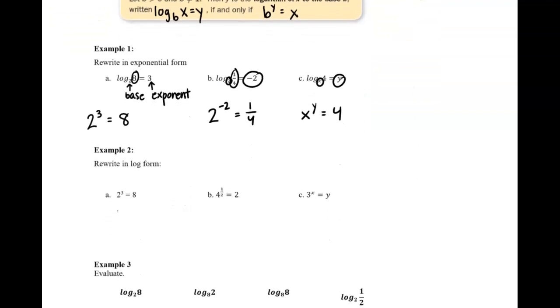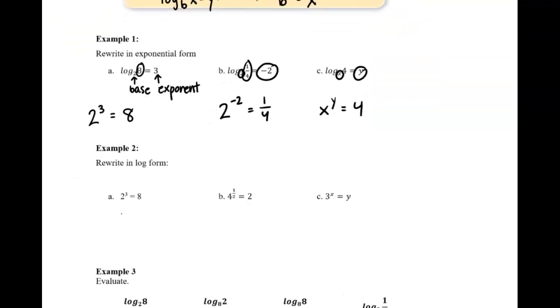For example 2, we will rewrite in log form. Log form looks like this. Log, then our base goes right here, and our answer, so to speak, goes right here, and that equals the exponent.